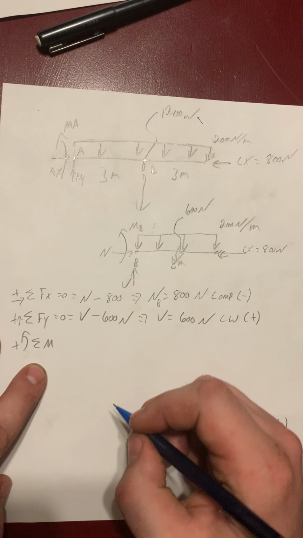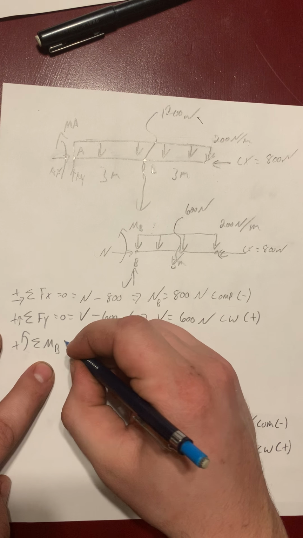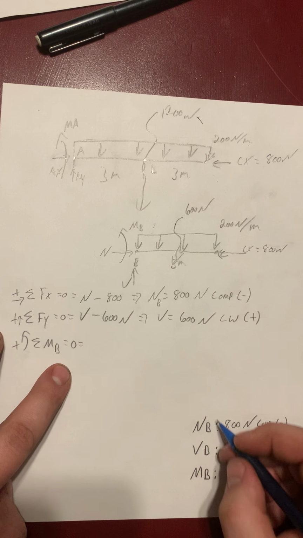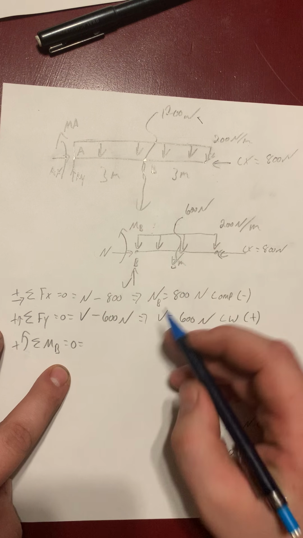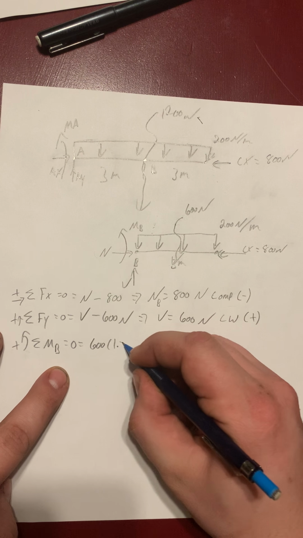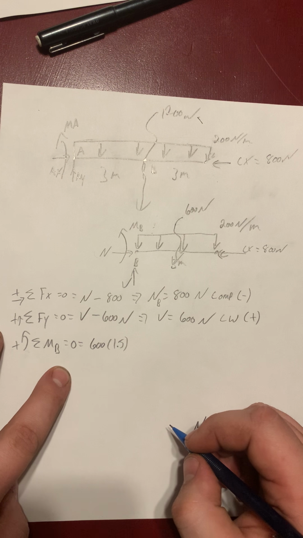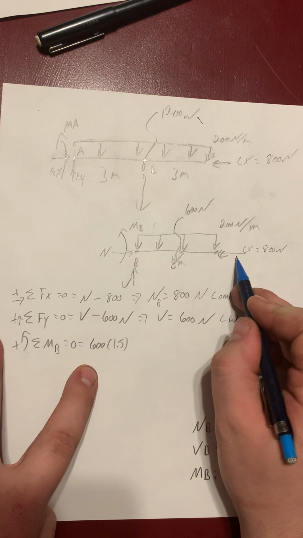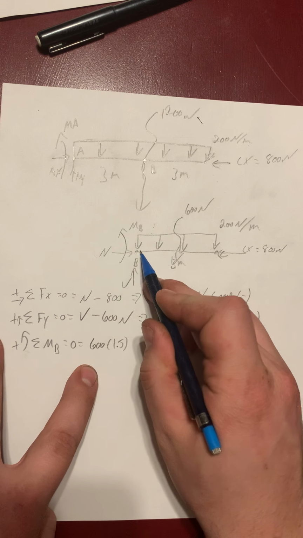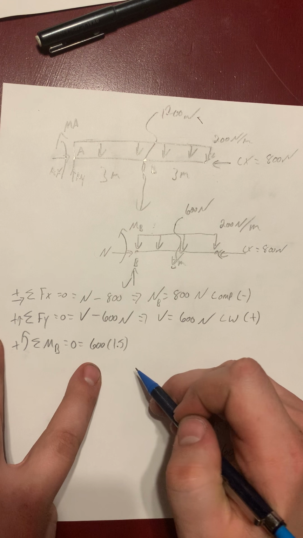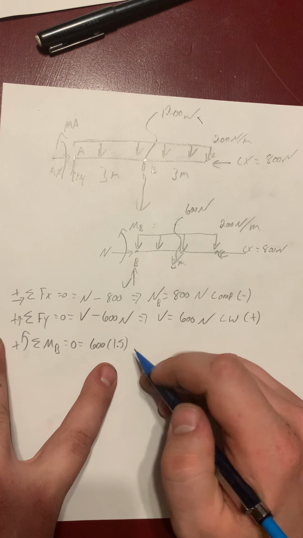Sum of the moments about B are equal to 0, which are equal to, all right, well, we have this force here, 600 newtons, times 1.5, right? What else we got? That's nothing, right? Cx won't show up in the equation. Why? Because the line of action acts right through that point. So all we have is 600 times 1.5, right?